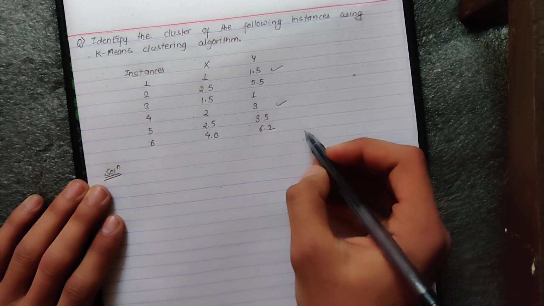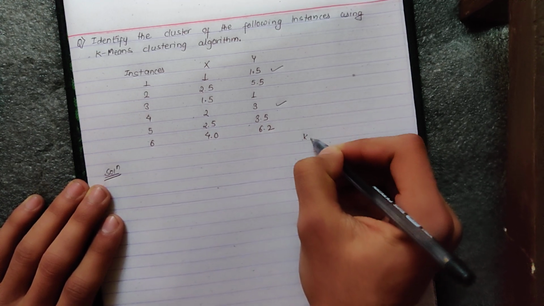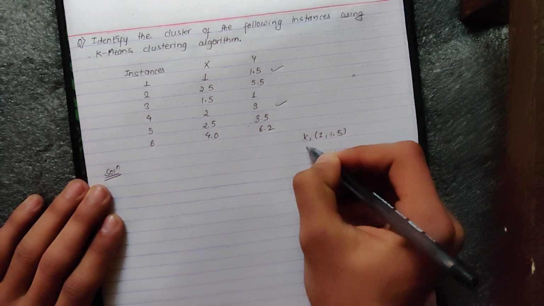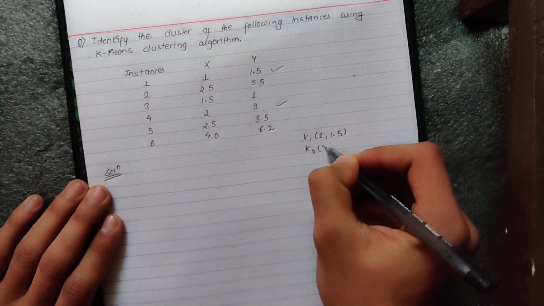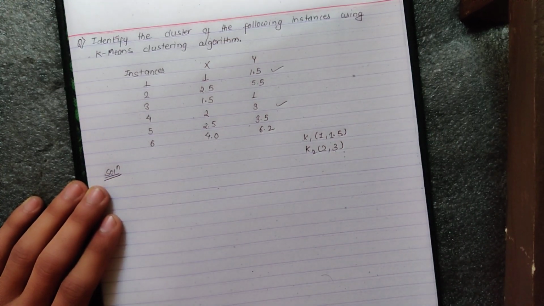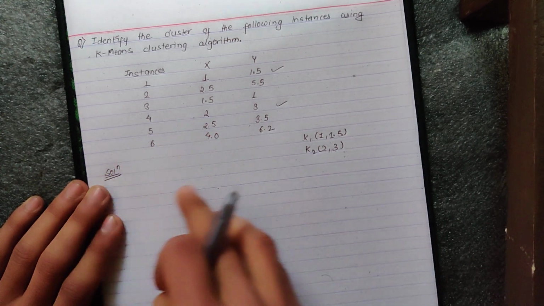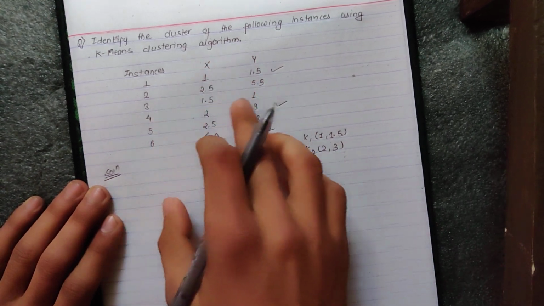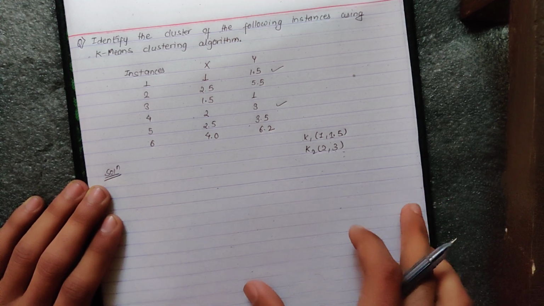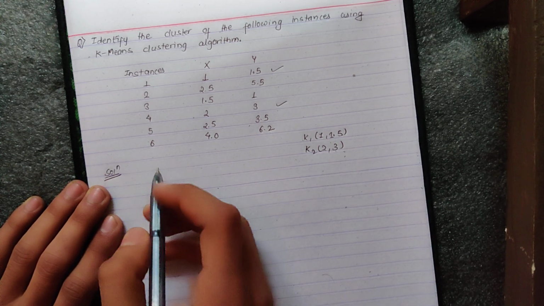So our clusters are k1 1 comma 1.5 and k2 2 comma 3. Now we will calculate the distance from all the points to these clusters and assign the points to the cluster which has the minimum distance.